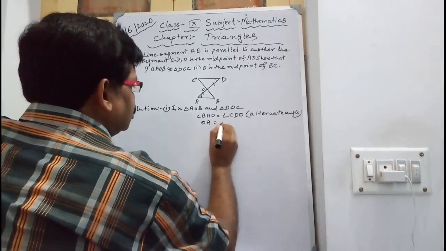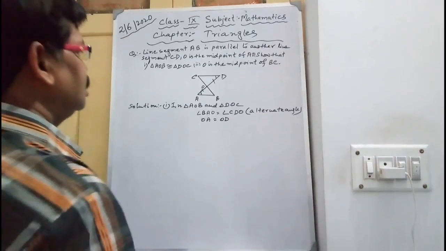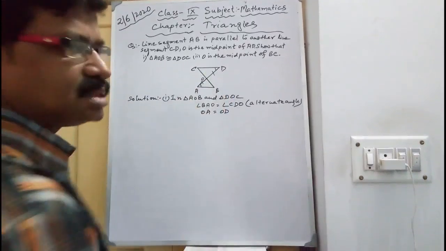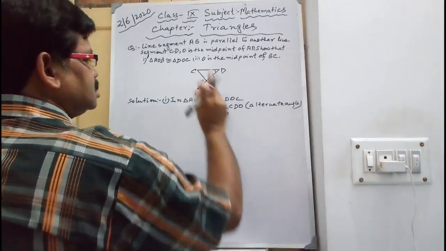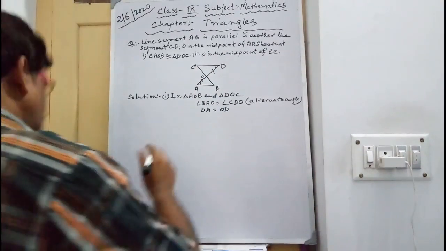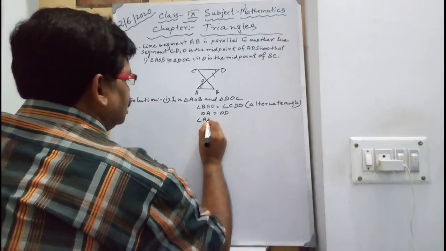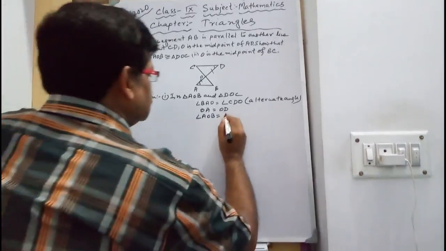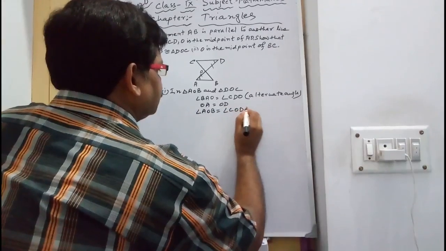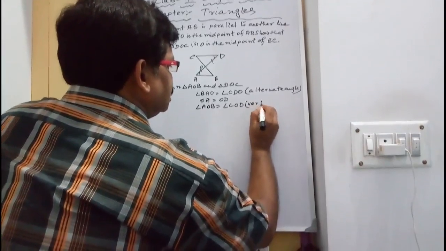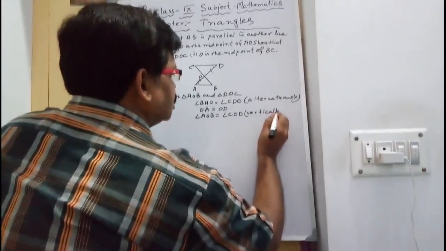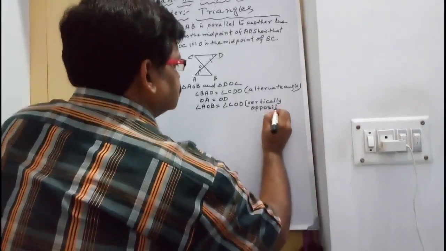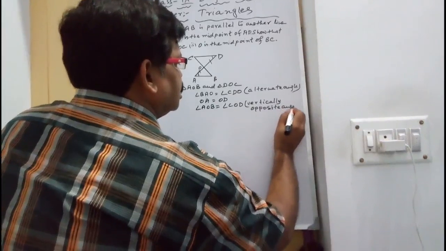OA equal to OD, because O is the midpoint of AD and a midpoint divides a line into two equal parts. Angle AOB equal to angle COD, vertically opposite angles.